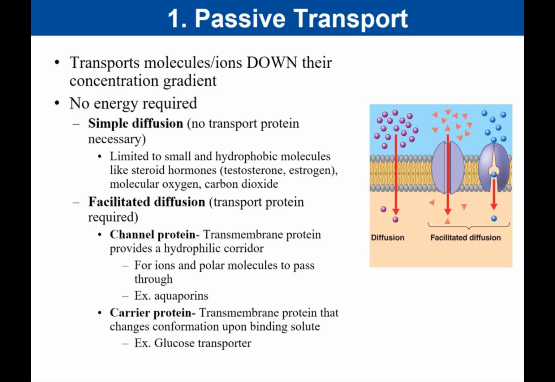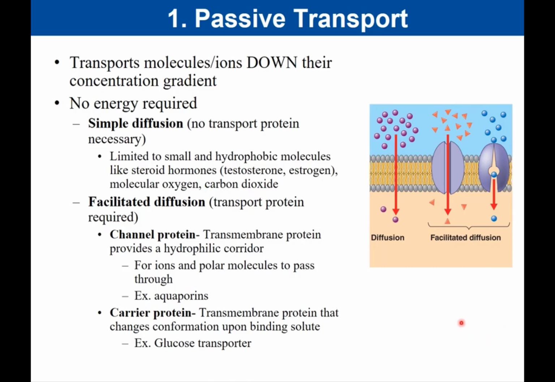The only requirement for simple diffusion is that it's going to move from a high concentration to low. And so notice that in the image that you see here, it's going to move from its high concentration to low. So the only thing that's required is the concentration gradient. Now, in contrast to simple diffusion, we have what's referred to as facilitated diffusion.